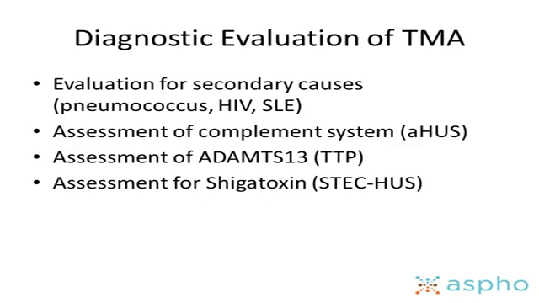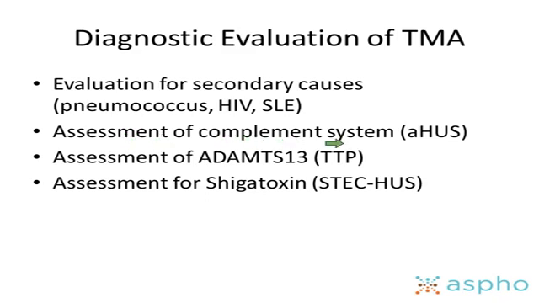So when we're faced with a patient with thrombotic microangiopathy, there is a series of diagnostic steps that are appropriate. First and foremost, we want to look for secondary causes of TMA like pneumococcal infection, HIV, lupus, and others, because treatment of those underlying conditions is, by and large, the appropriate treatment for the TMA.